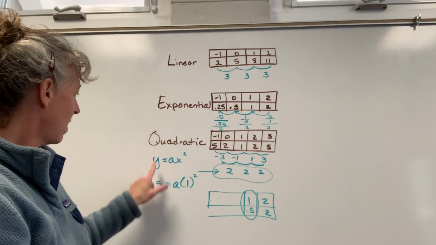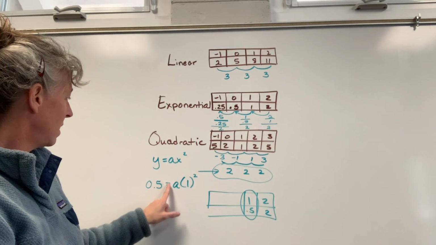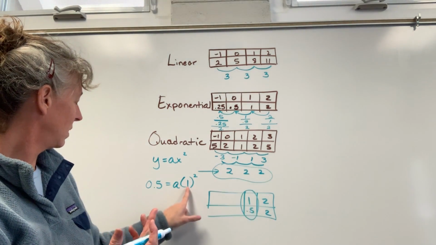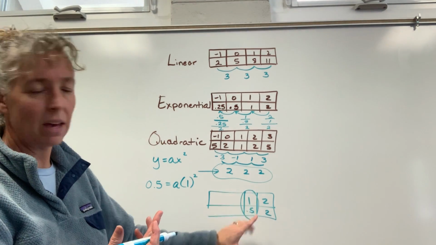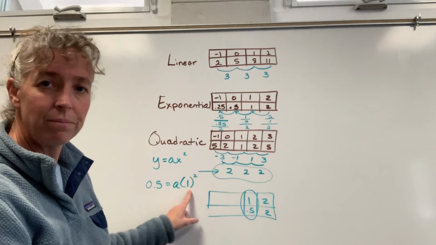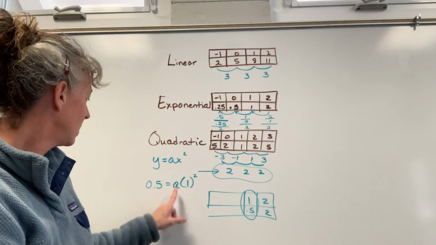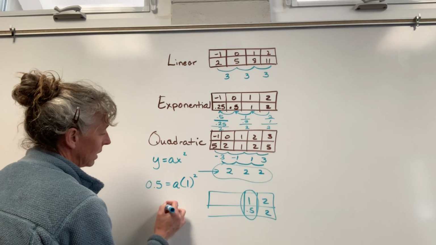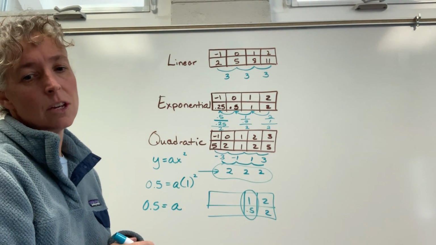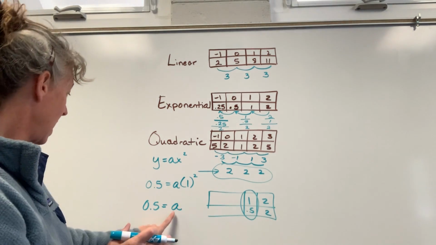So they put a 0.5 in as the y, and then the x was a 1, so they plugged that in there. They got that from the table of values, okay? So then they simplified. What's 1 squared? 1. 1 times a is just a, right? I don't really need to put a 1a, correct? Okay, so now I know that the a is 0.5.